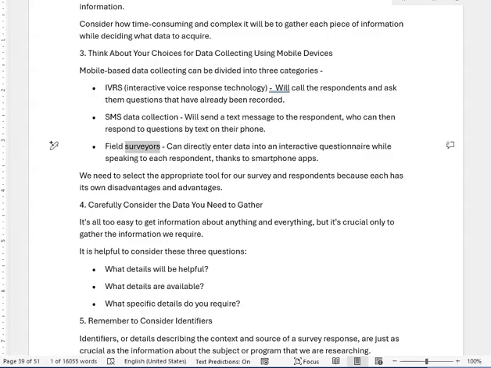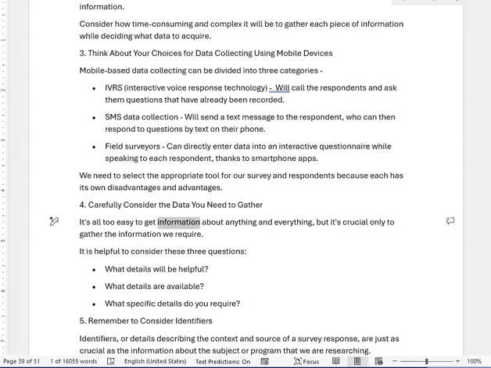Field surveyors can directly enter data into an interactive questionnaire while speaking to each respondent, thanks to smartphone apps. We need to select the appropriate tool for our survey and respondents because each has its own disadvantages and advantages.